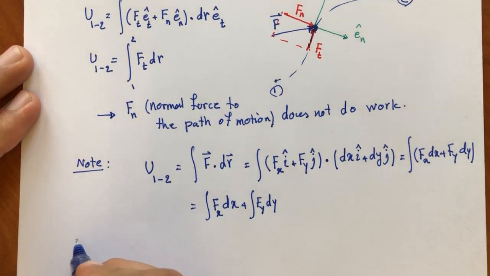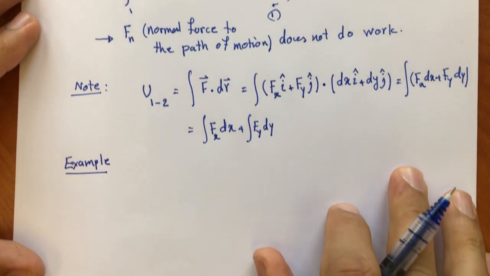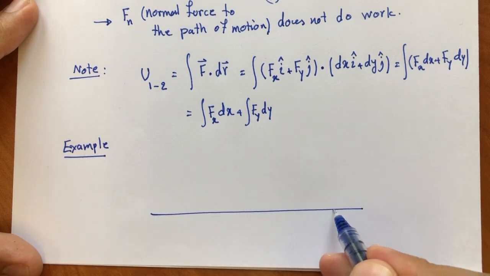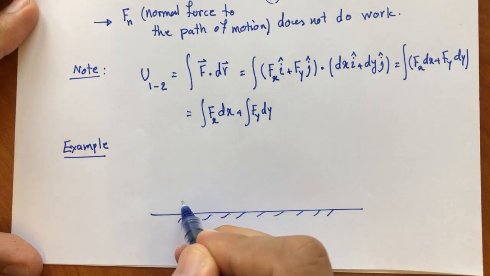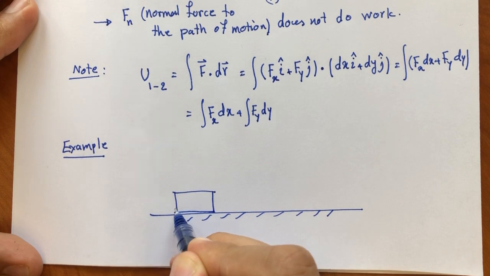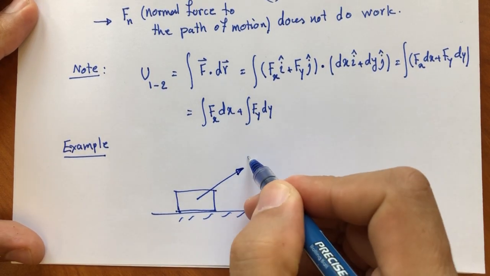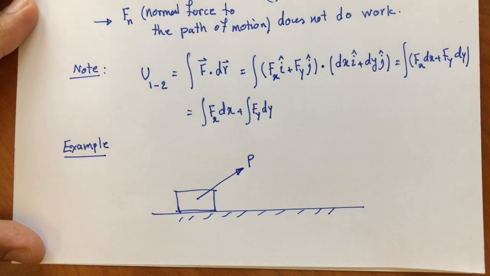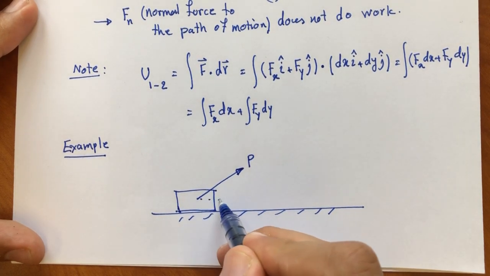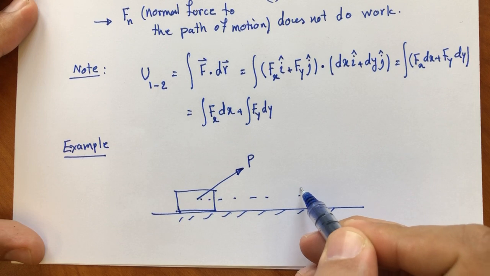For example, let's say we have a box here that we are applying force P to. And this box is going to move from here to here.